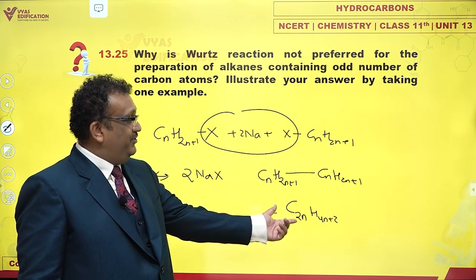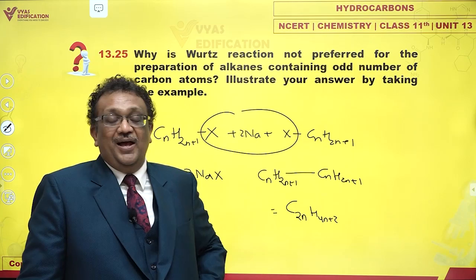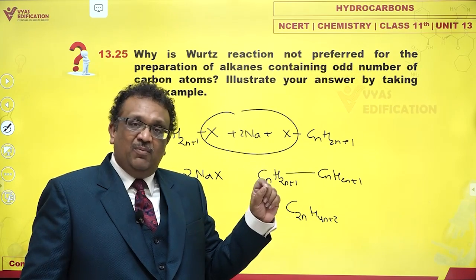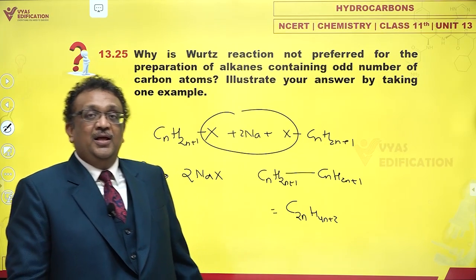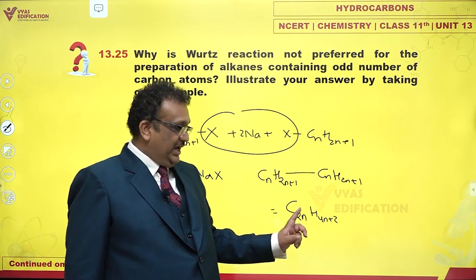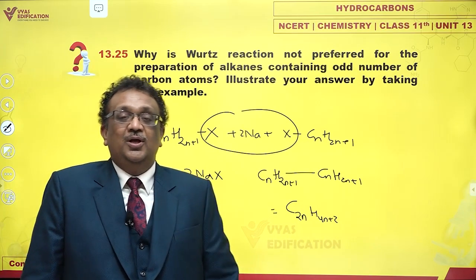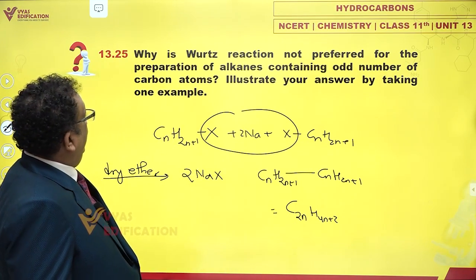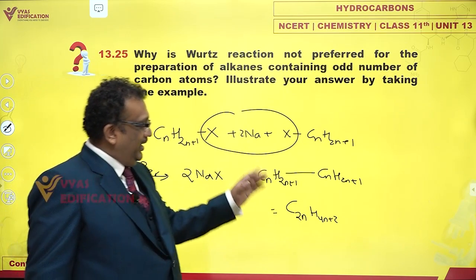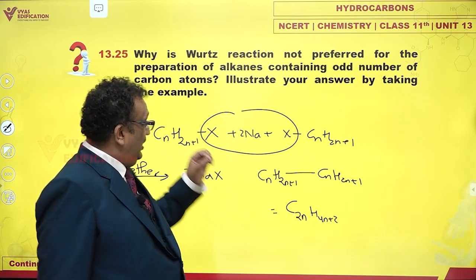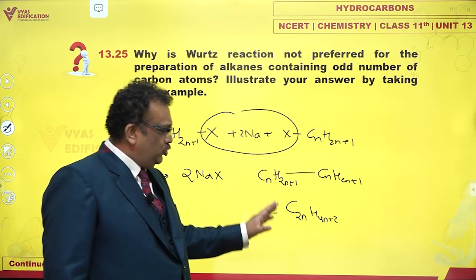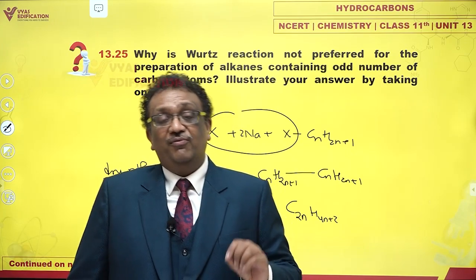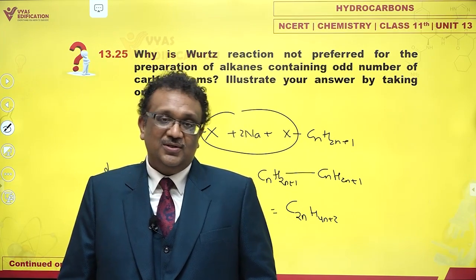This is the product which is obtained. As you can genuinely see, n could have been any number 1, 2, 3, 4, 5, 6, 7, 8, 9. If you multiply that number by 2, you always get an even number. So, in case you have only one alkyl halide, you will surely get an alkane which contains an even number of carbon atoms, right?